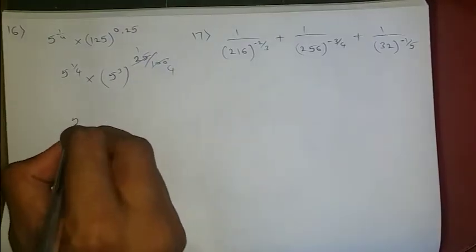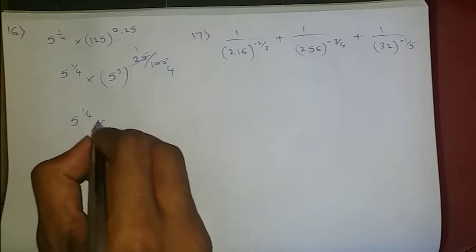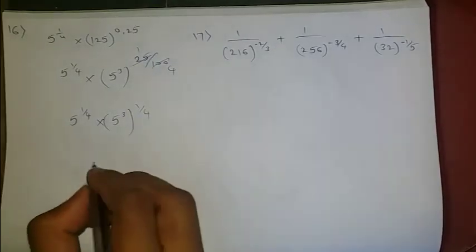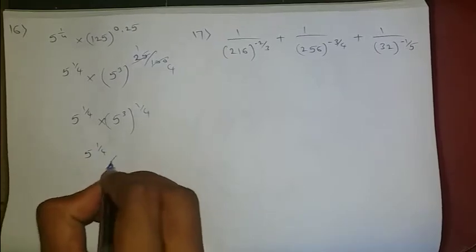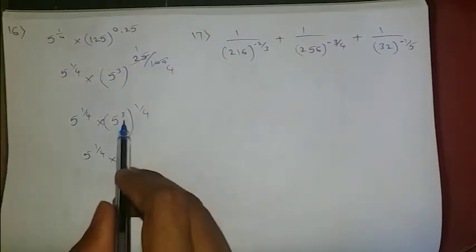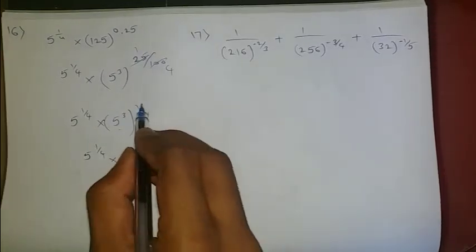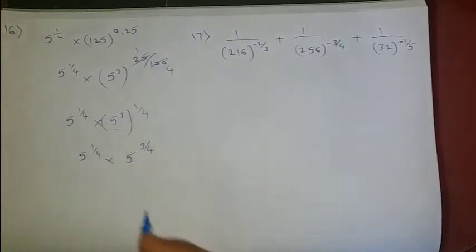So we will get 5 power 1 by 4 into 5 cube whole power 1 by 4. 5 power 3 ones are 3 by 4.